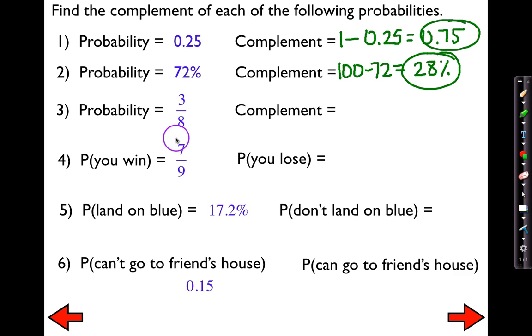Here, 3/8. The complement of that, first it's going to stay in eighths, but it needs to add up to 1. So 3 plus what will give me an 8? 5. So notice here, I have 5/8. But you could have also done this. You could have said, okay, 1 over 1 minus 3/8, and then done the math, and you still would have gotten 5/8 as long as you got a common denominator.